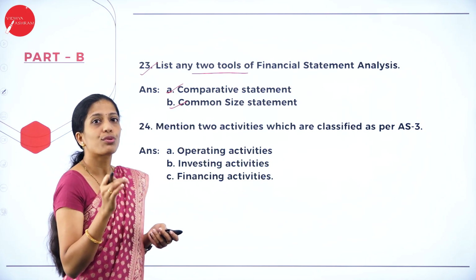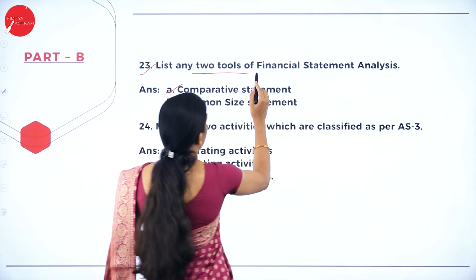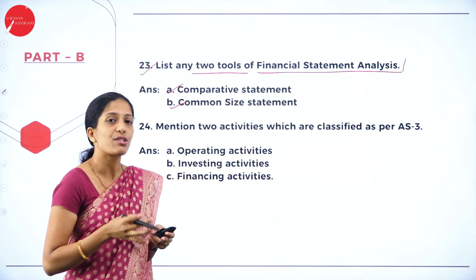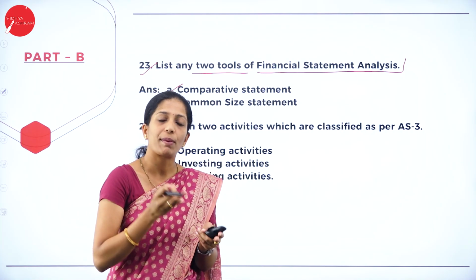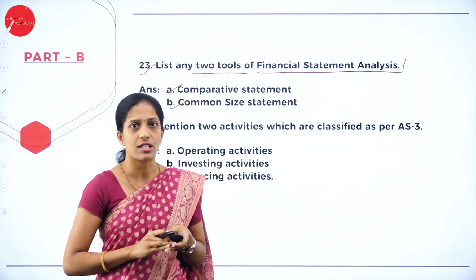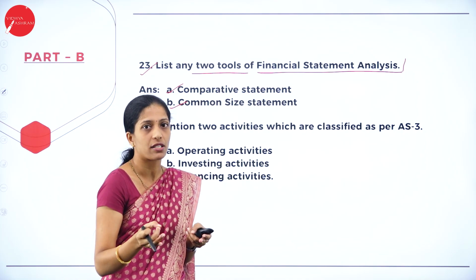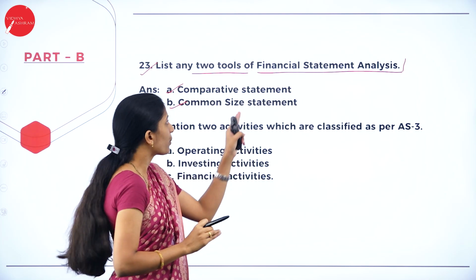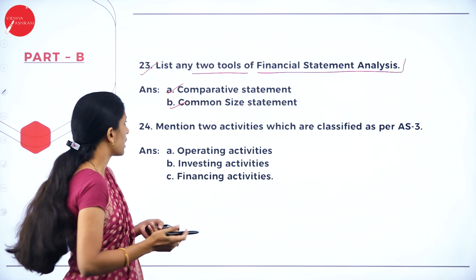One more easy way to remember is that under financial statement analysis, we have only two types of problem, common size as well as comparative. It may be balance sheet or profit and loss account. When they ask tools of financial statement analysis, you can write the answer comparative statement and common size statement.